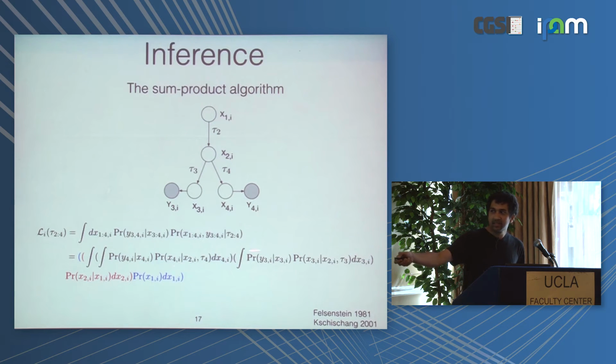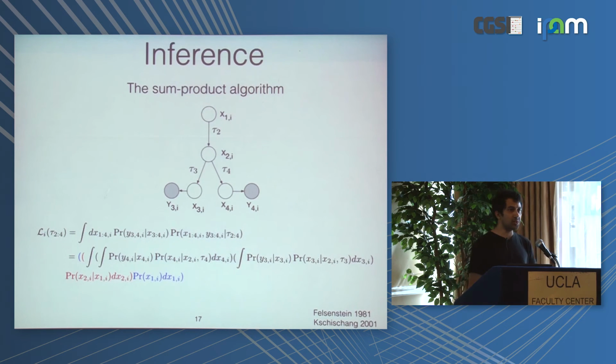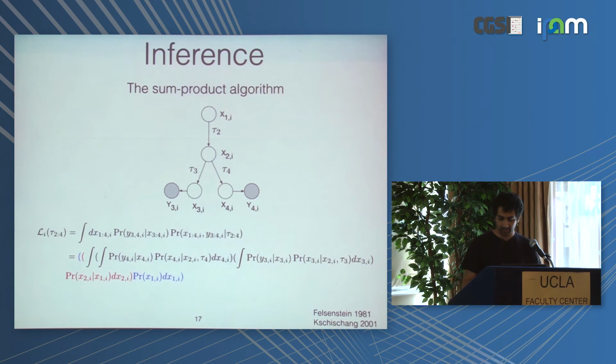Of course, these two computations are going to be a function of x2. So you take these two quantities, couple them with the other term that depends on x2, which is x2 given x1, and you do that next. That's going to depend on x1, and you have another term that also depends on x1, so you pair it with that, and you do your final integral. By rearranging the computation, you're able to do this more efficiently.